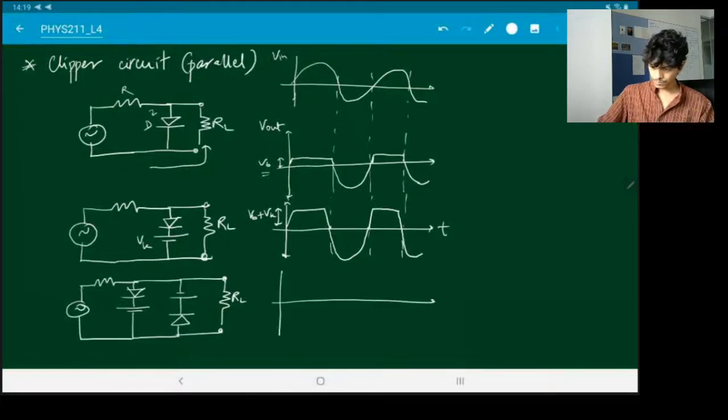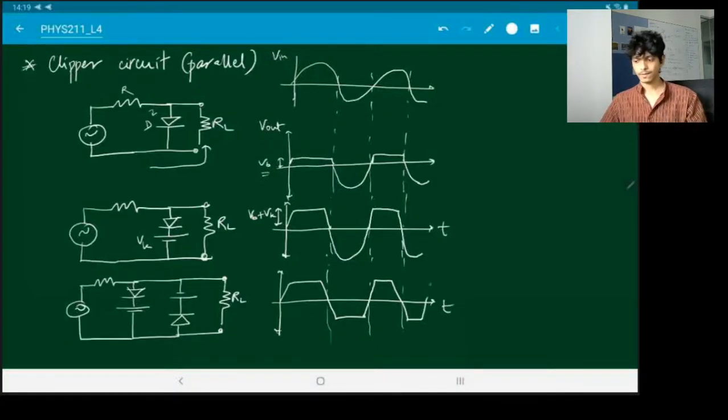So now during both positive and negative half cycles, it will experience clipping, and now my output will look like this. So that's a clipper circuit for you. There are also other applications like clamper circuits, etc., and one can look at those in the book.